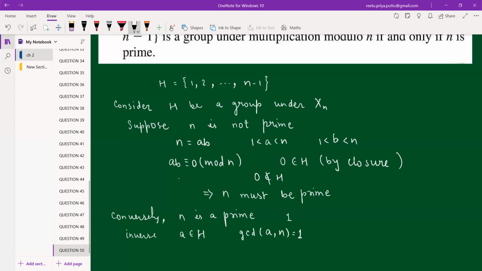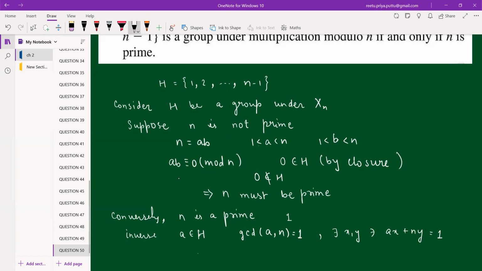By the property of basic number theory, if you have read the preliminaries, you can say that there exist X and Y, which are integers, such that AX plus NY gives you 1.